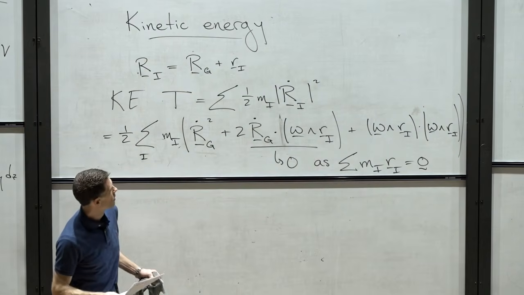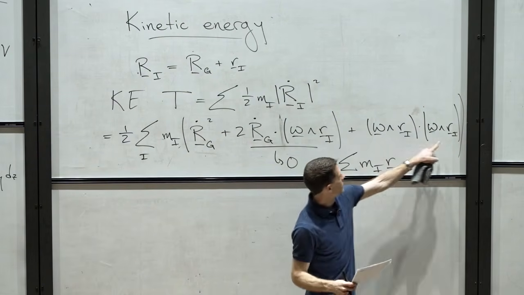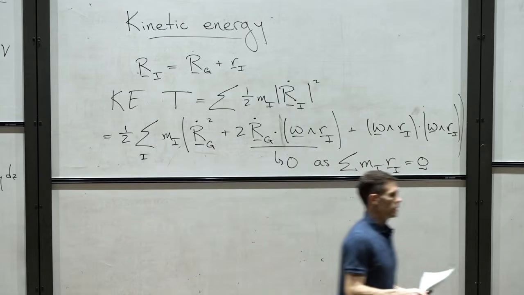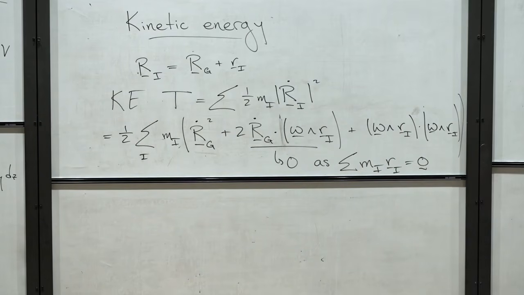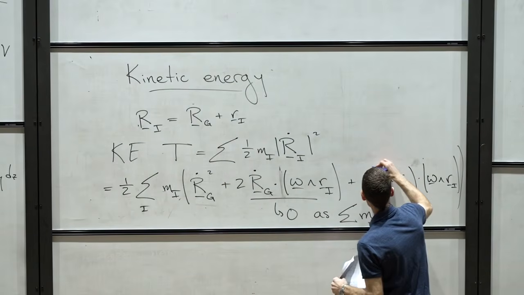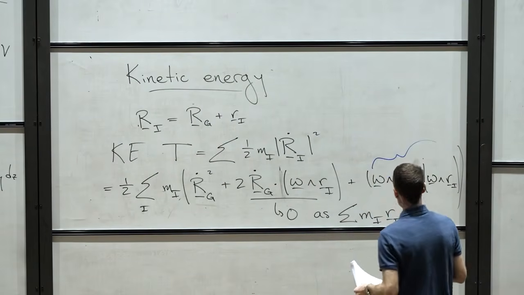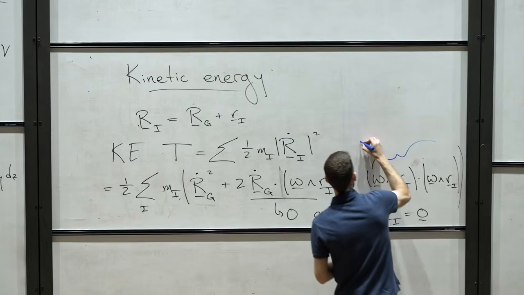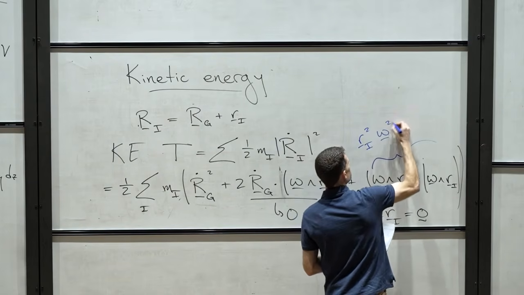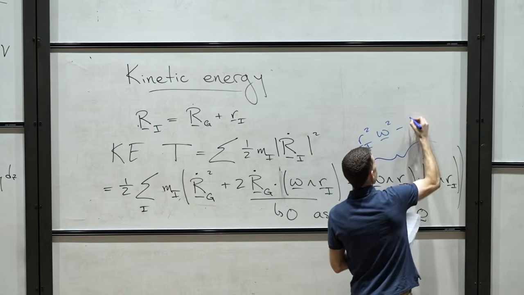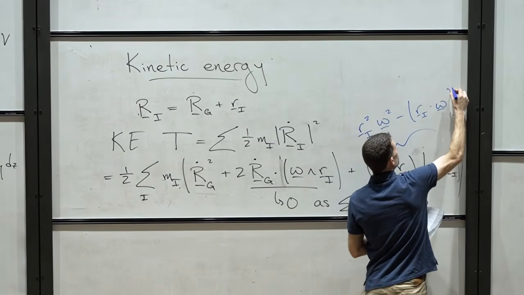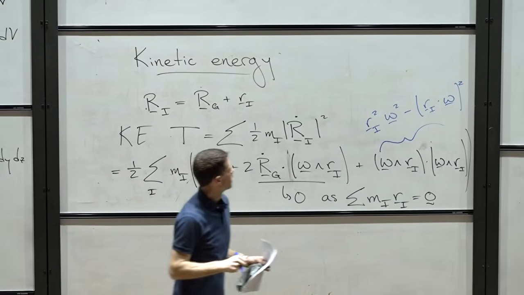Okay, so now we need to do something with that one, and need to pull some vector identities out of our hat. One thing, we can write that as r_i squared omega squared minus r_i dot omega squared.